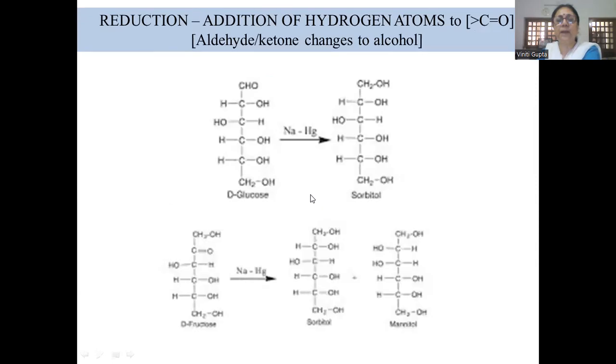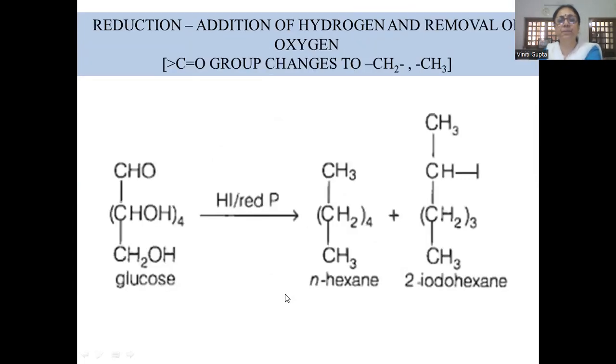Let me take you back to the previous. Addition of hydrogen will only take place in presence of sodium amalgam. But if we change the catalyst, reduction will take place with the removal of oxygen. So here we have n-hexane and we also get iodohexane.